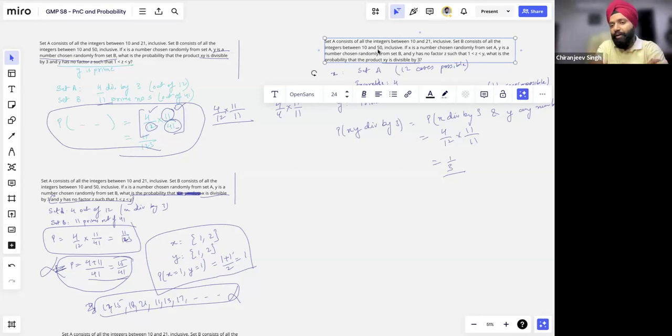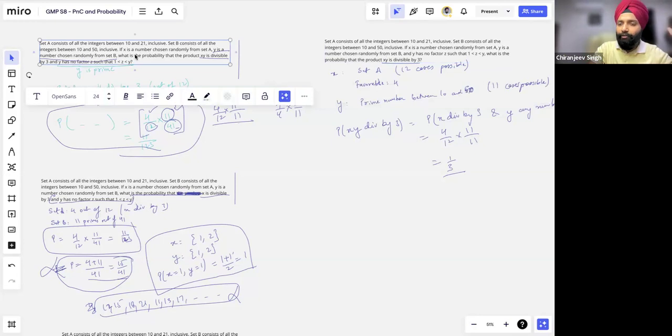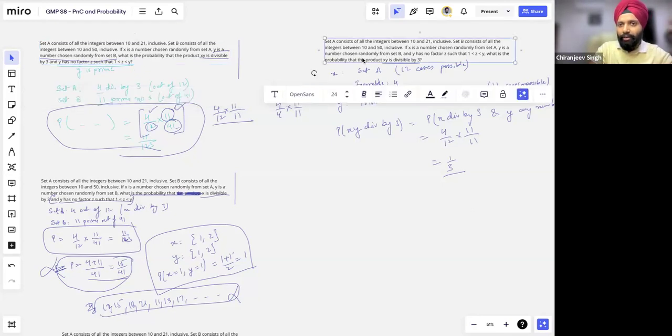And now we have a question: what is the probability xy is divisible by 3? But before you look at the question, you need to see what the possible values of y are. Here, before the question, there are 41 possible values of y, and then in the question, you are only interested in 11 of those. In the second case, before the question, there are only 11 values of y possible, and you are interested in all 11, because you don't care.